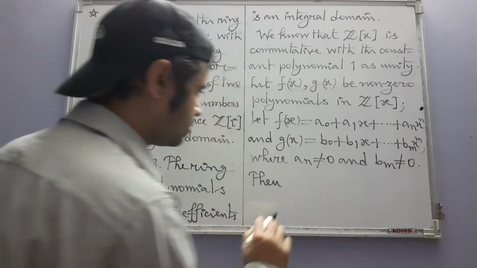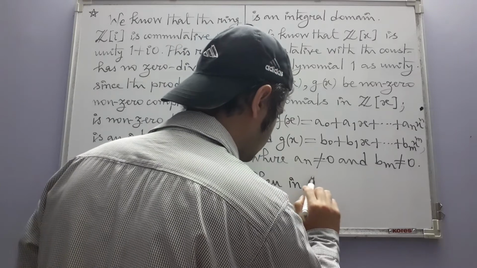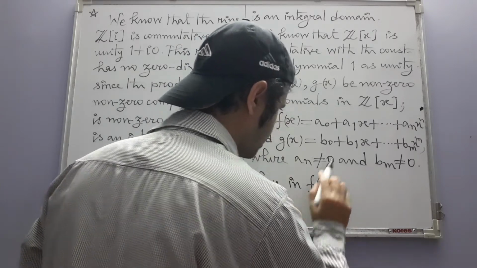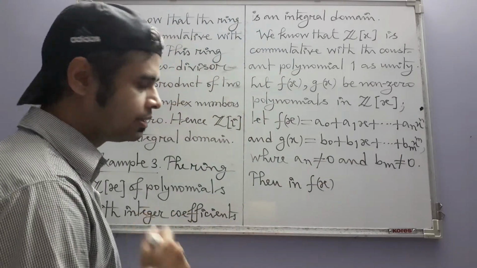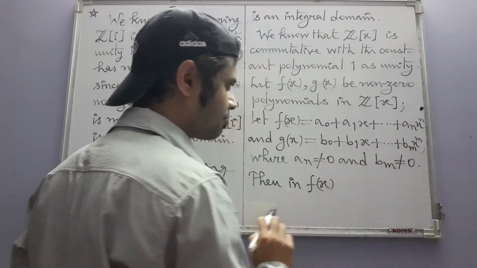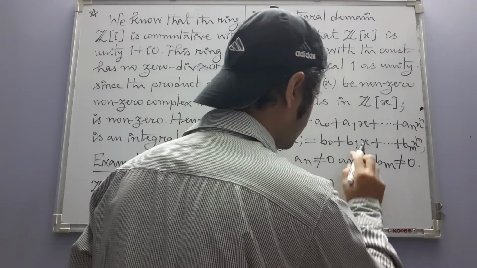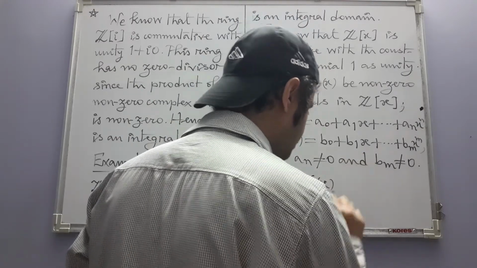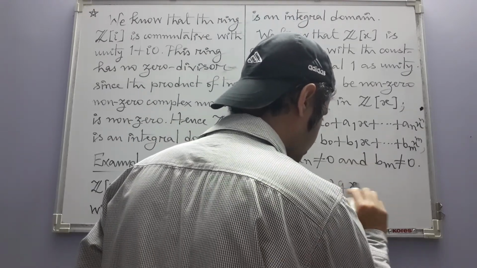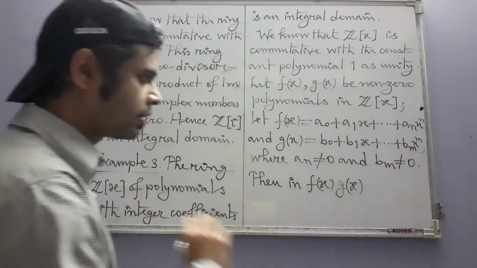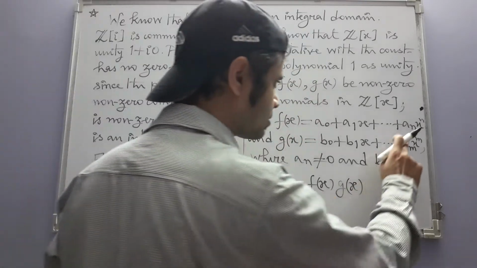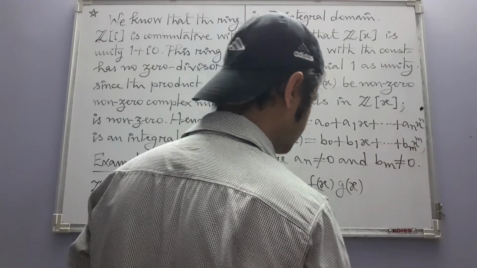Then in the product, the product of course will have many terms. You have to multiply the terms out, then collect the similar ones and add their coefficients, but we don't really need to concentrate on the whole product. We will only concentrate on the product of these two.